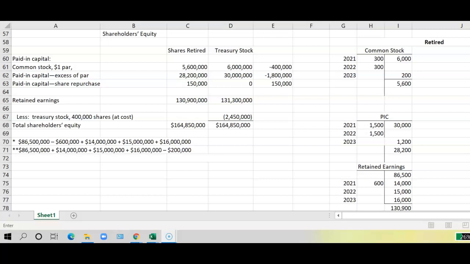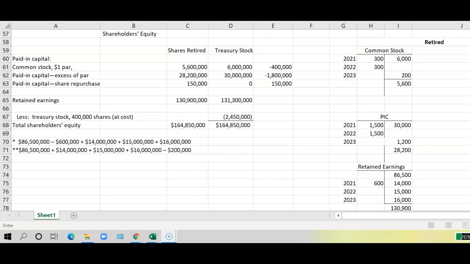So our paid-in capital shares repurchased would have to be debited for $2 million. And then to balance the equation, it would have to be a debit to retained earnings for $1 million, and the treasury stock would be credited for $13 million.